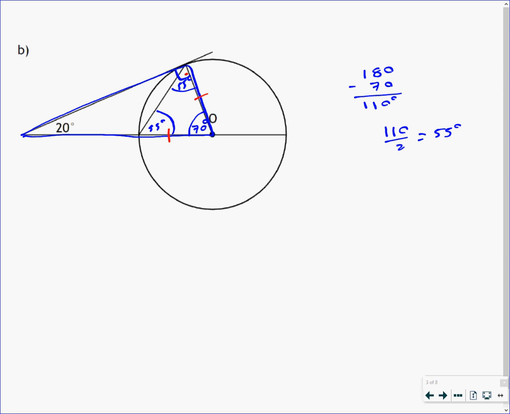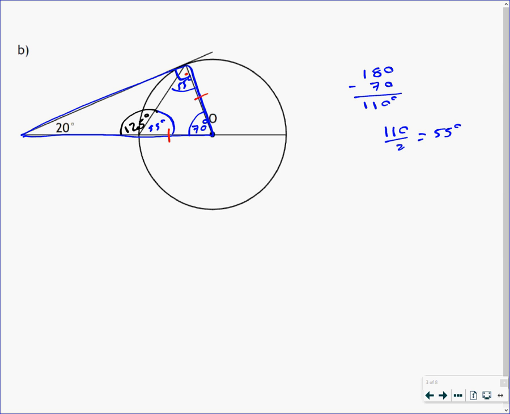So the one here that I'm marking with the black dot, that's going to be 180 take away 55, which will be 125. And then in the triangle, 125 plus 20 is 145.